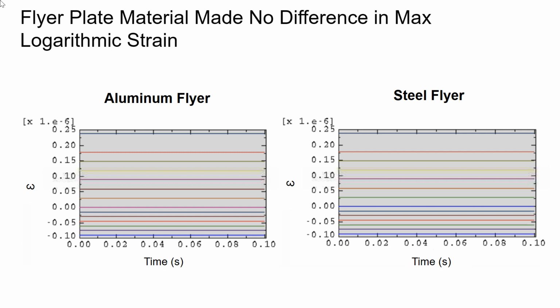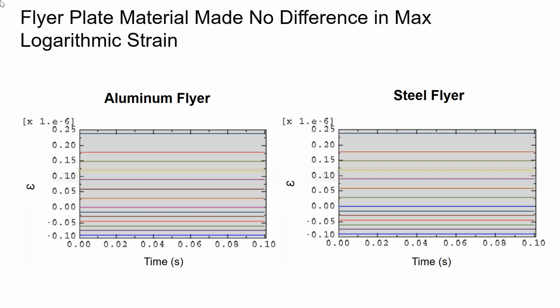So the flyer plate material made no difference in the max logarithmic strain. So we can see here that it stayed constant, and the reason being is because the target was locked in. It couldn't move.